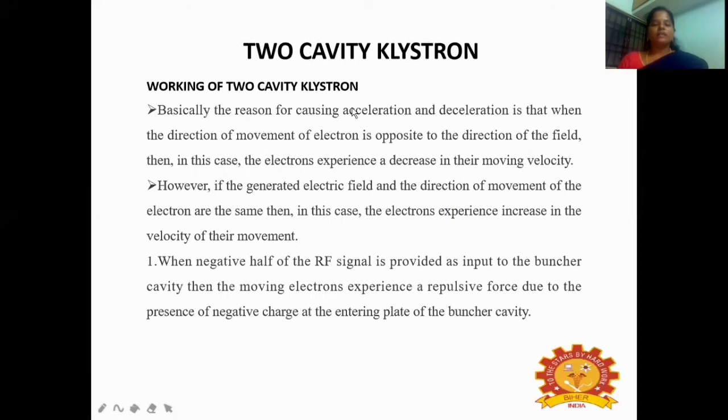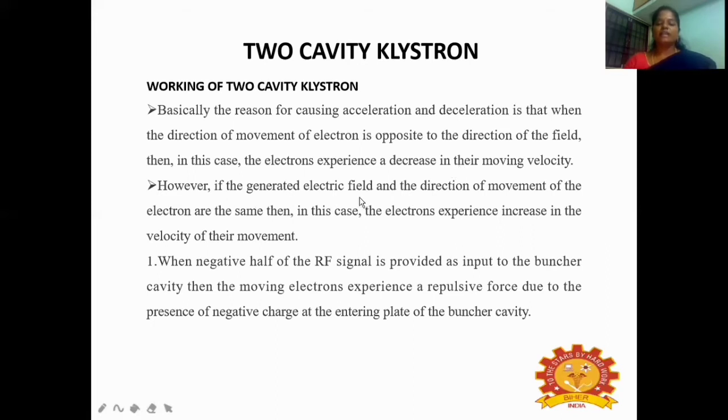Why do the electrons experience acceleration or deceleration? When the direction of movement of the electron is opposite to the direction of the applied field, that is the RF input signal, then the electron experiences a decrease in its moving velocity.